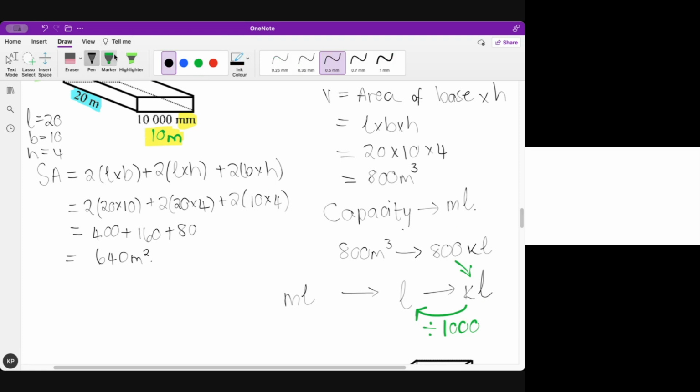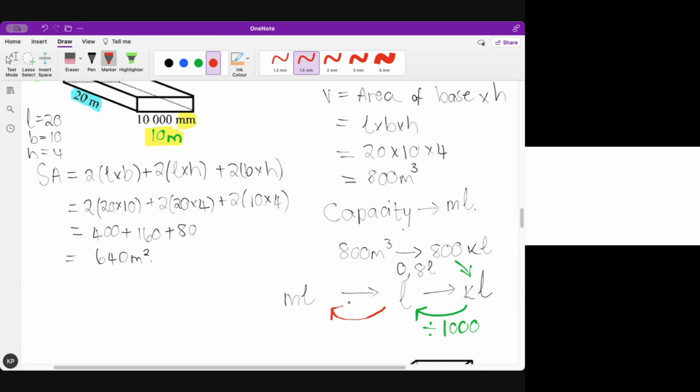Let me work that out. 800 divided by 1,000 is just 0.8, isn't it? Yes, that's 0.8. And now we're at liters. Again, I'm going to the smaller units, so am I dividing or multiplying?